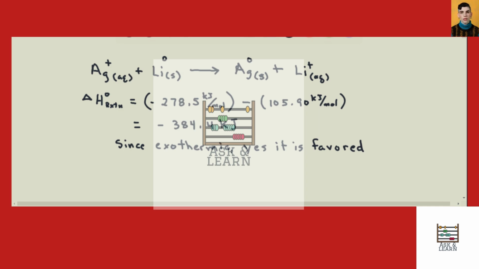And then the last part of the question wants us to look up the activity series and see if my answer to part C goes along with what the activity series says. When we look at the activity series, lithium is more reactive than silver, or has more activity. It's higher on the activity series.